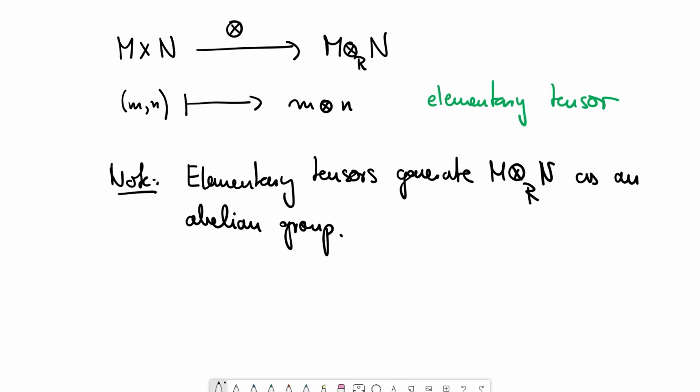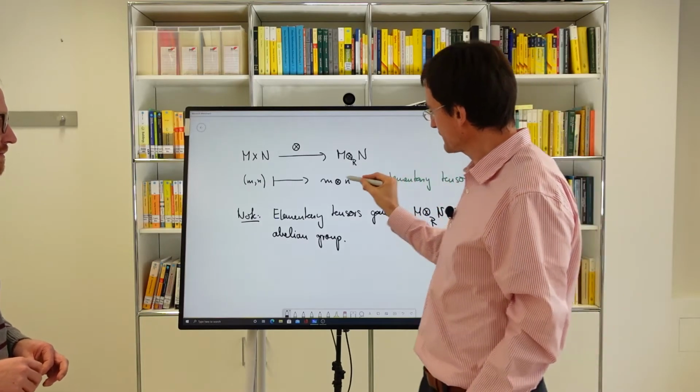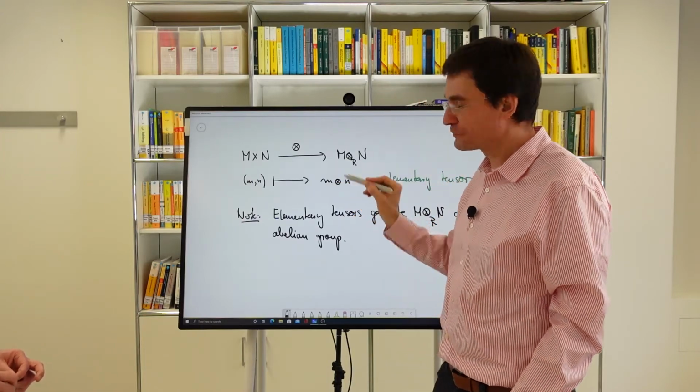Right. And sometimes what one does in practice is, when defining maps out of the tensor product, one just says what happens to the elementary tensors.